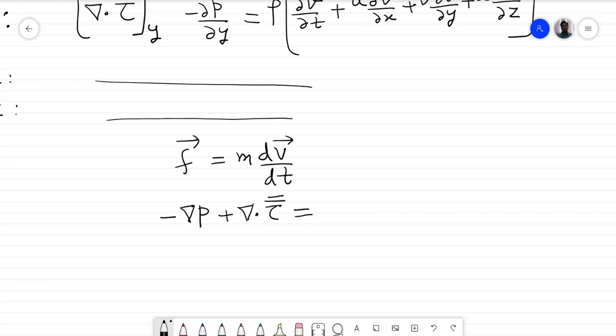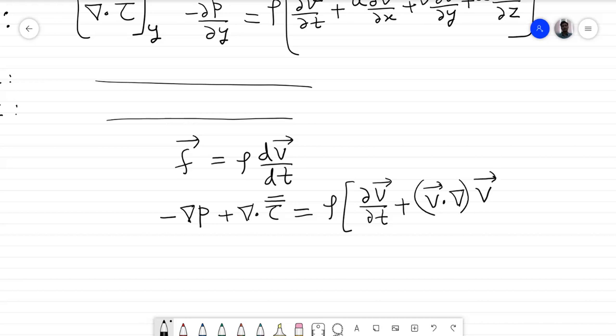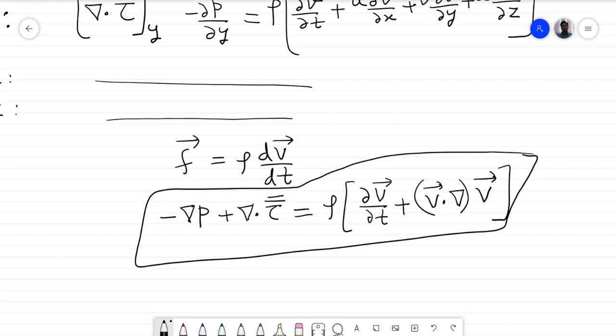We have already divided by volume, so this is rho. You can write rho dv by dt, or in its expanded form, rho times del v by del t plus v dot del v. This is the momentum equation in its vector form.